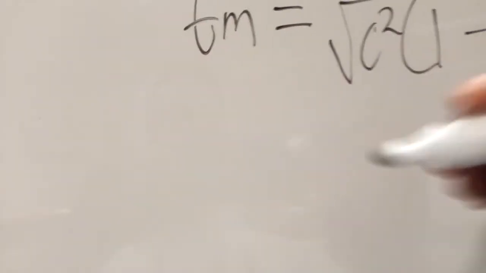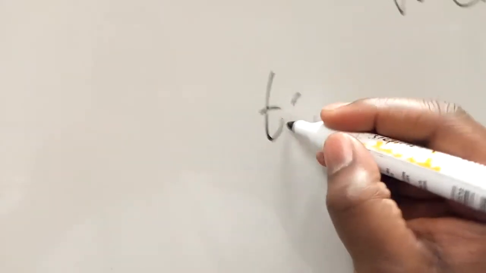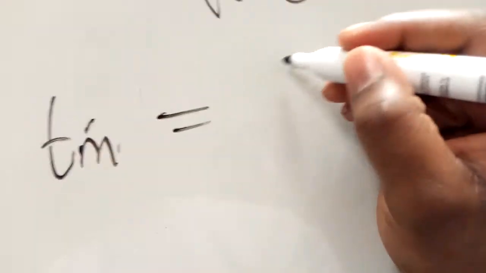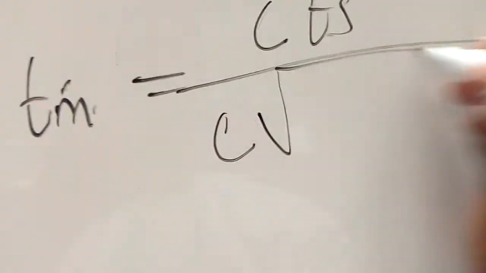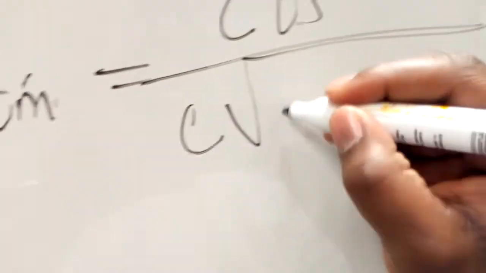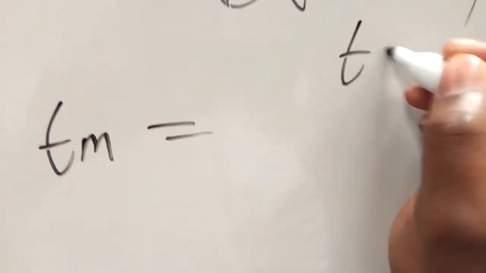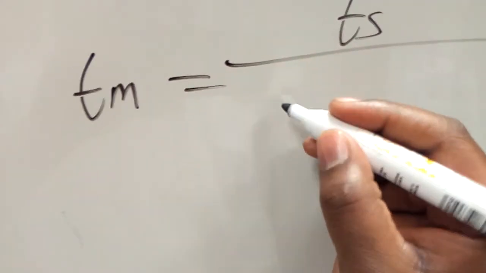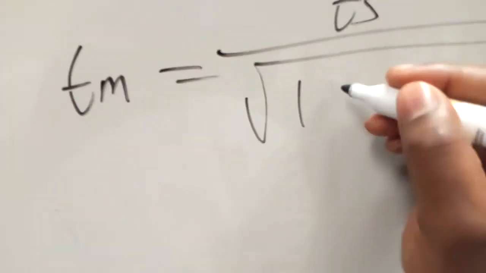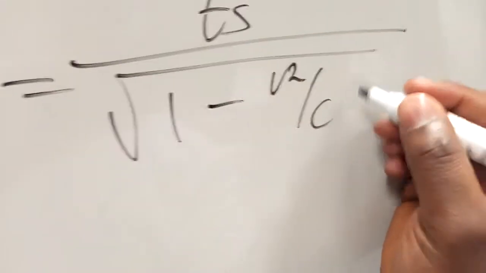And we factorize c outside, so we know t sub m is equal to c times t sub s divided by c times the square root of 1 minus v squared divided by c all squared. So c cancels c. So t sub m is equal to t sub s divided by the square root of 1 minus v squared divided by c squared.